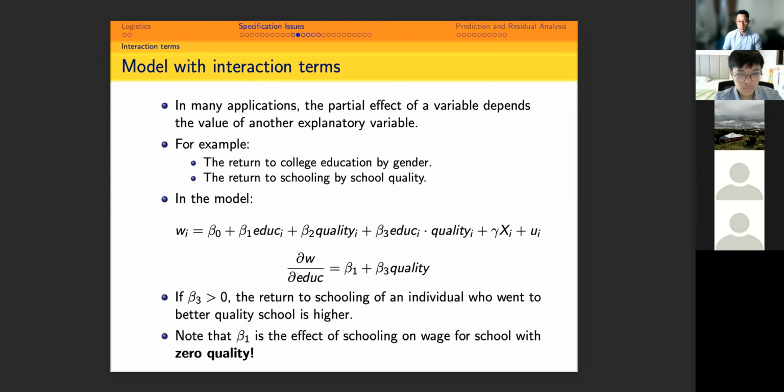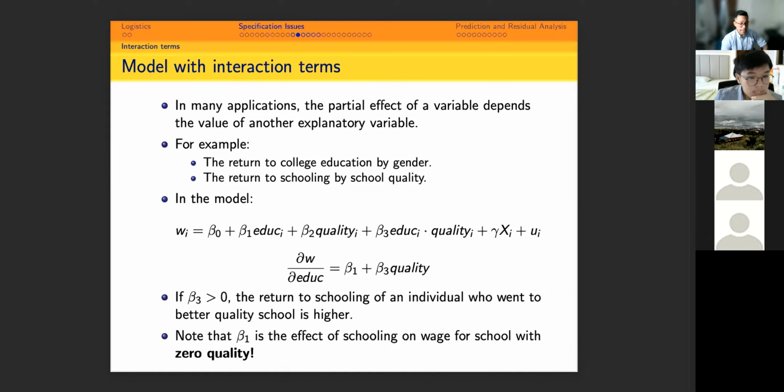Labor economists, education economists, and those interested in gender in the past few years wanted to know whether or not the return to college education differs by gender. So we're interested in whether the return to college is equal across gender or whether they're different.